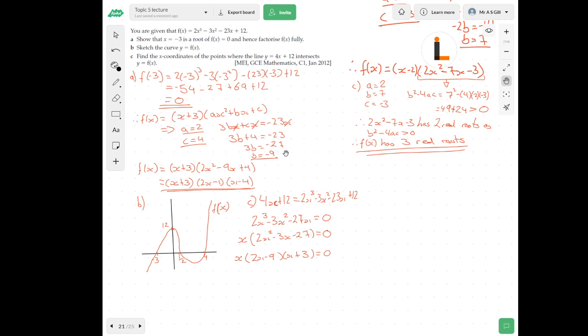And this question thankfully only wants us to work out the x coordinates, so we get x equals 0, x equals 9/2, and x equals -3. So that's parts A, B, and C done. Okay, I'll leave that up for a second, just for you guys to get familiar with it.